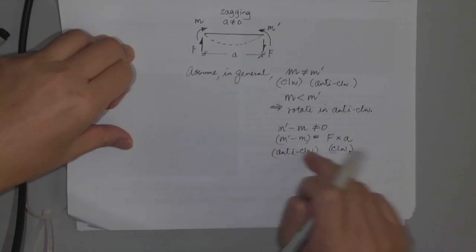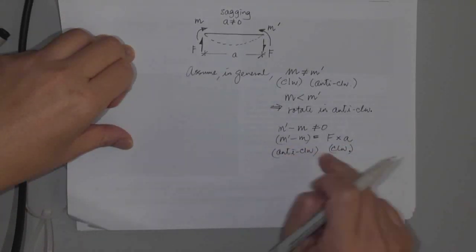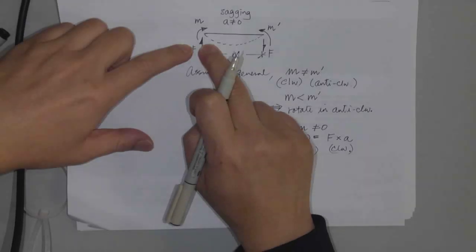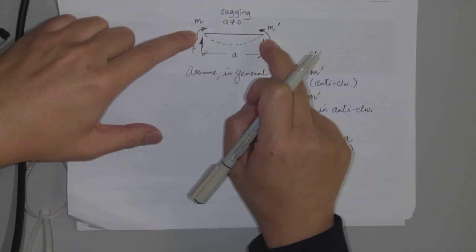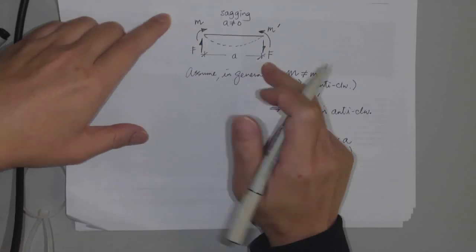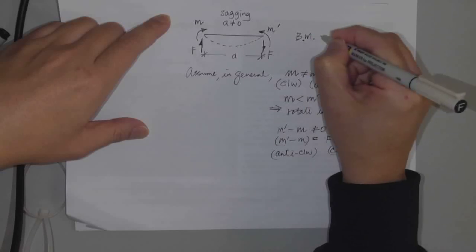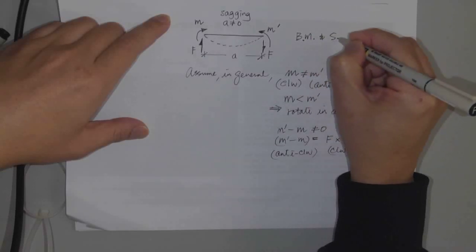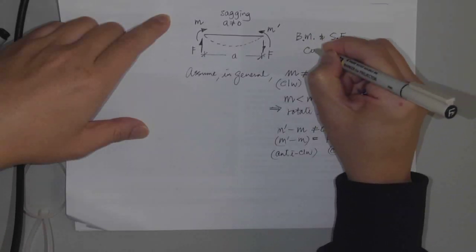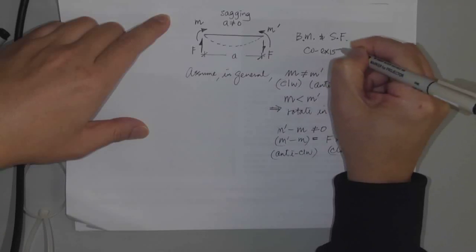So from this equilibrium, we know that whenever you have bending moment, you have shear force. Or in other words, bending moment and shear force, they coexist with each other.